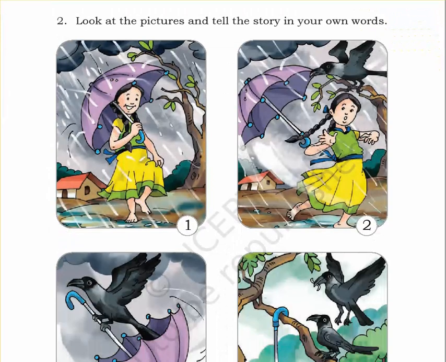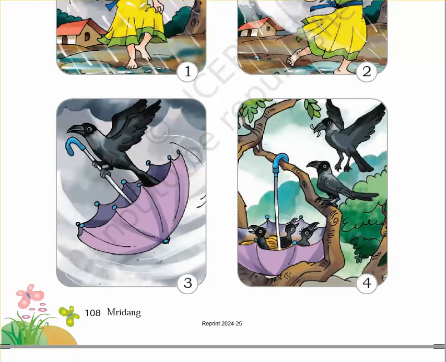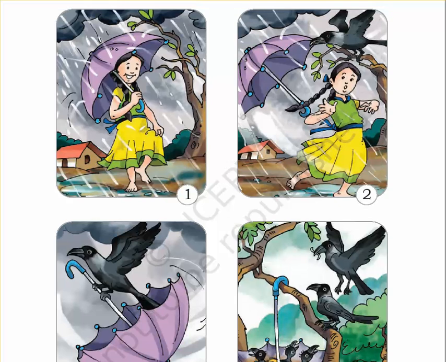Next is look at the pictures and tell the story in your own words. So here 4 pictures are given and we need to look at these pictures and make a story. So in the first picture we can see a girl is having an umbrella. On a rainy day the girl is carrying an umbrella and she is enjoying the rain.